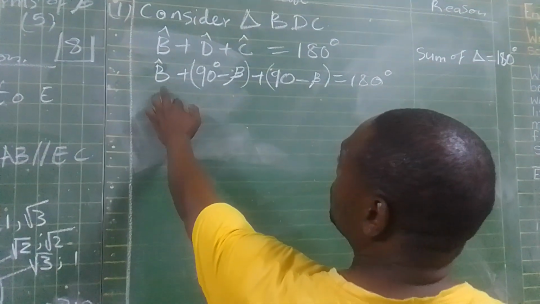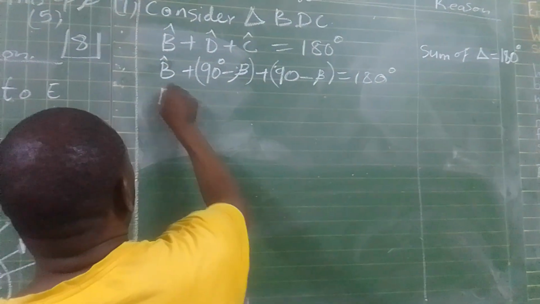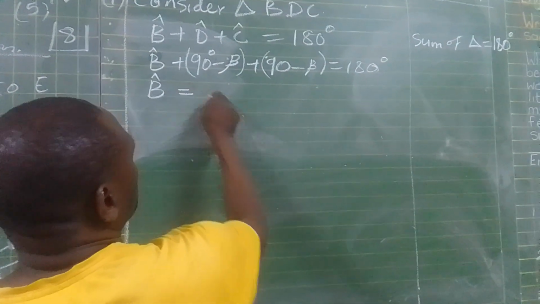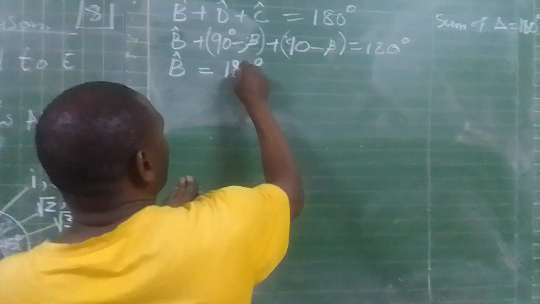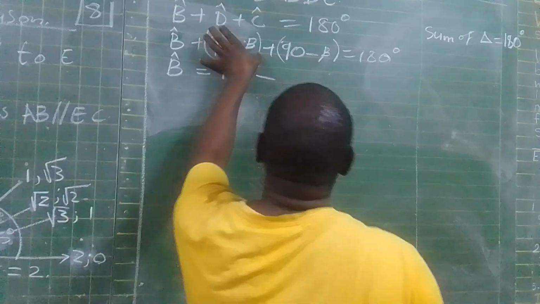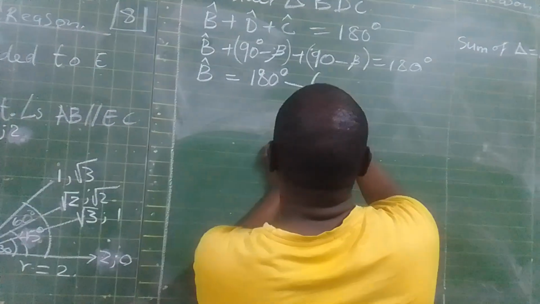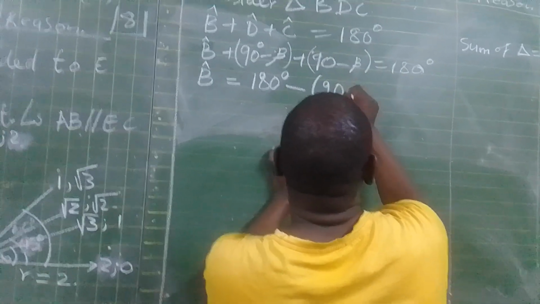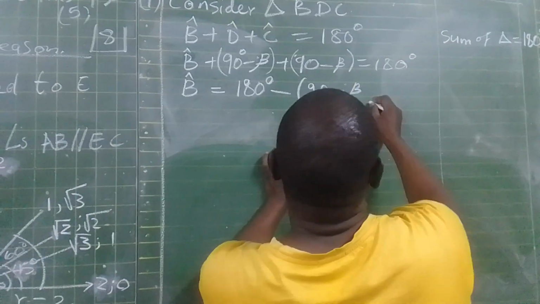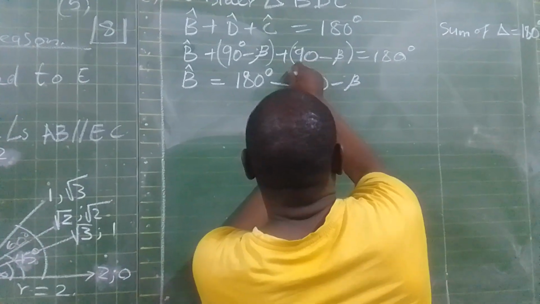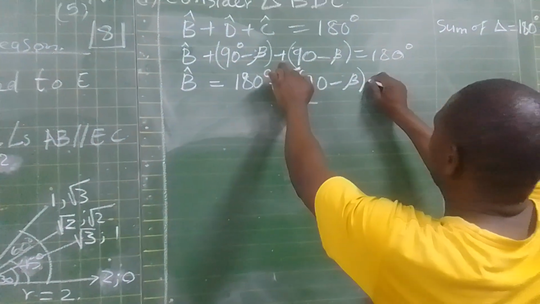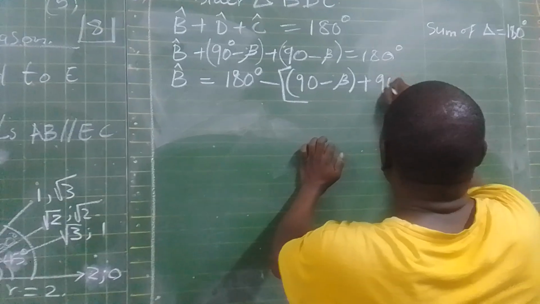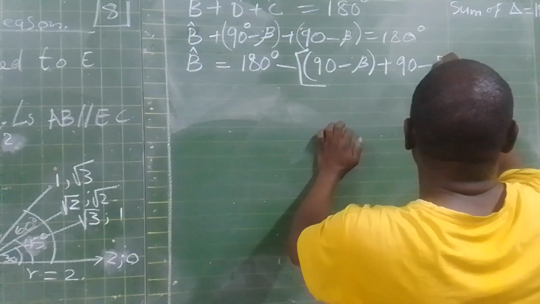Now, because we want to find B, angle B is equal to 180 degrees minus, we take that side, it is going to be 90 minus beta plus 90 minus beta.